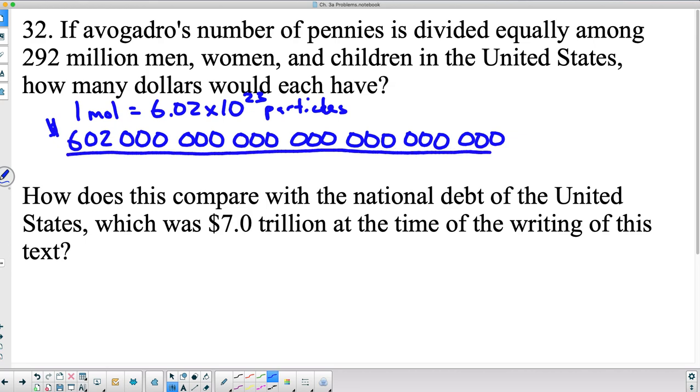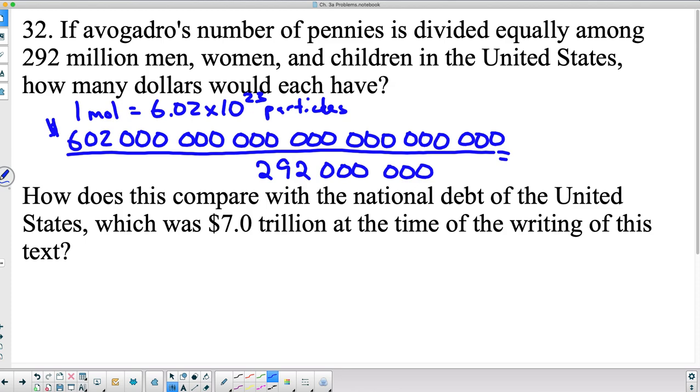Okay, so if you gave each person of 292 million people, so that's 292,000,000, what would you get then? So let's do the math. 6.02 EE23 equals that number divided by 2.92 EE8 equals, okay, now here's what I got.